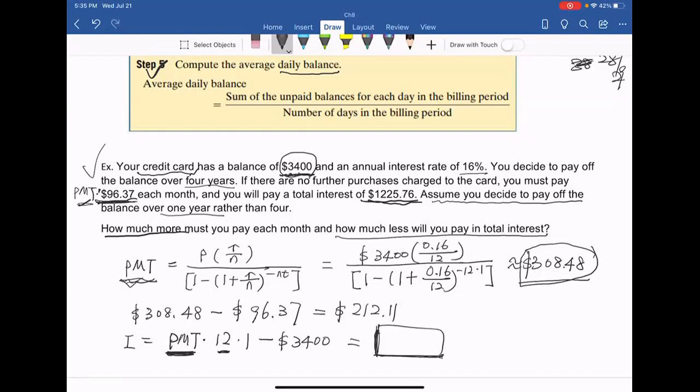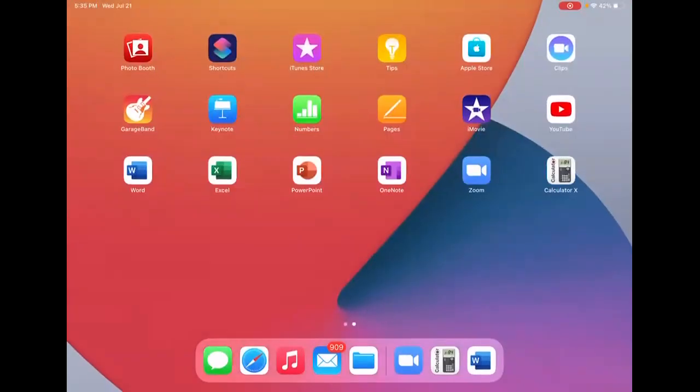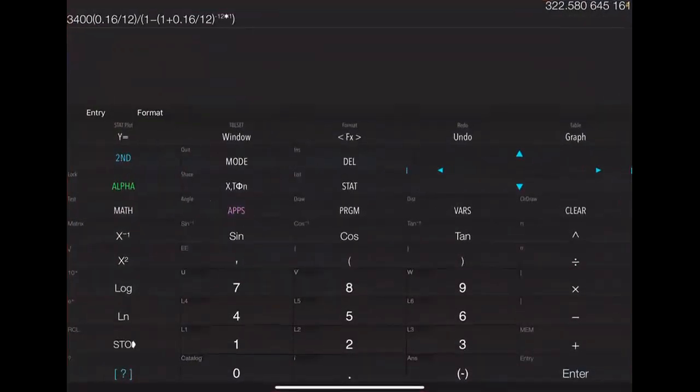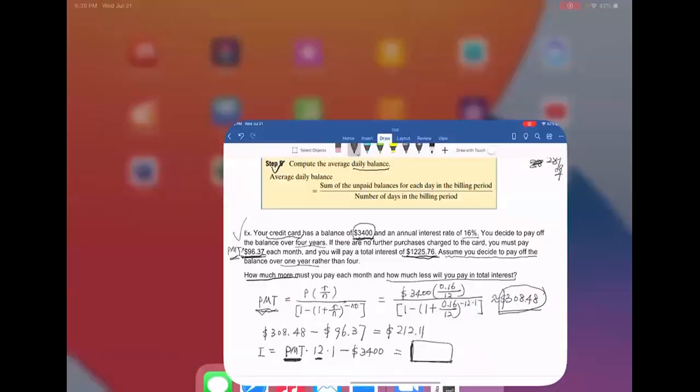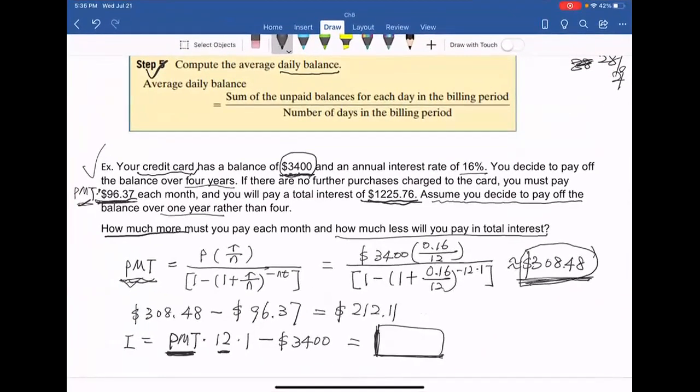So I go back to my calculator here to see. Okay, you see here, on the right hand side, the number has a lot of decimals, but here I only keep 2 decimals.